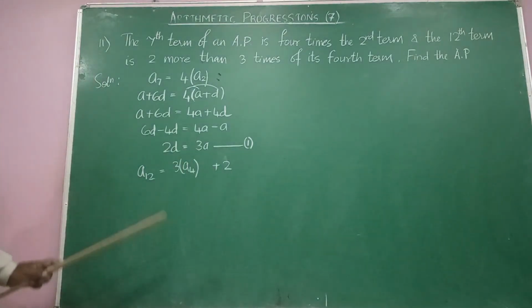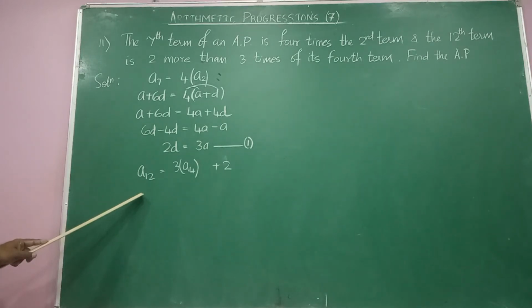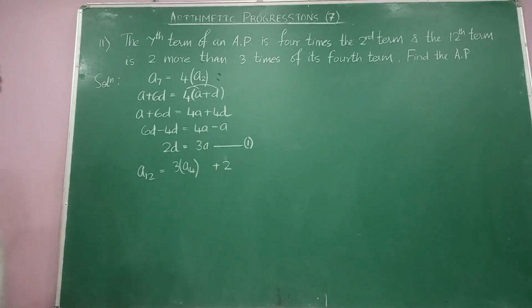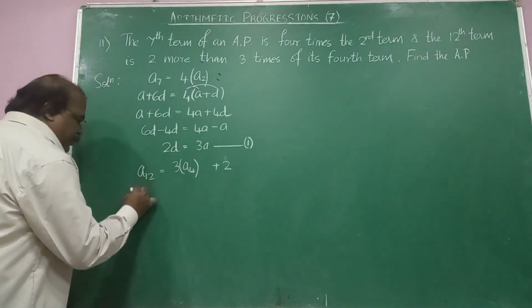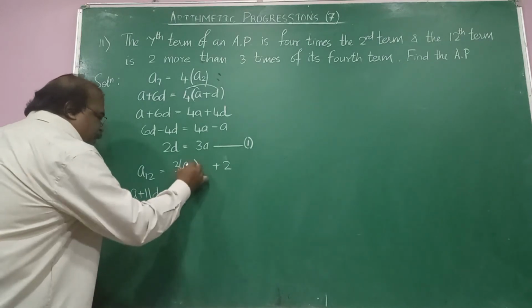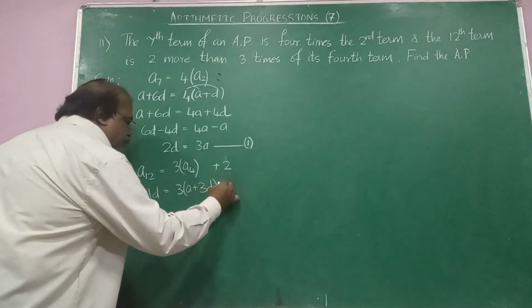What is condition number 2? That the 12th term is 2 more than 3 times the 4th term. So what is A12? A plus 11D. What is A4? A plus 3D plus 2.